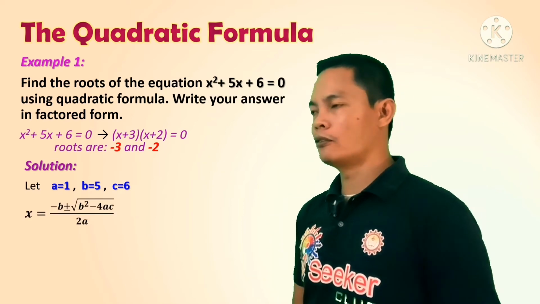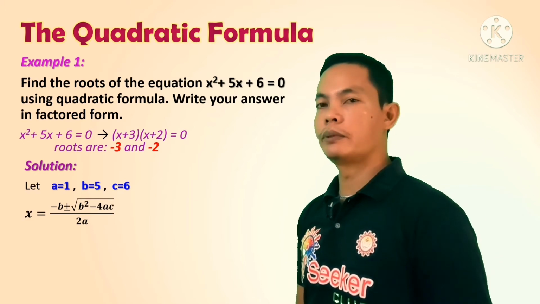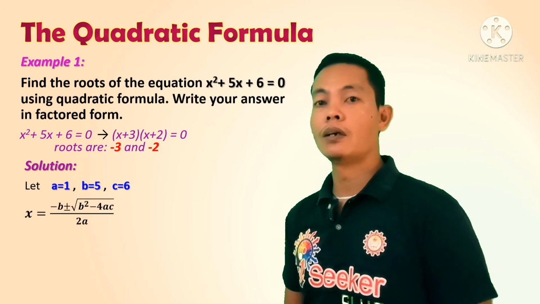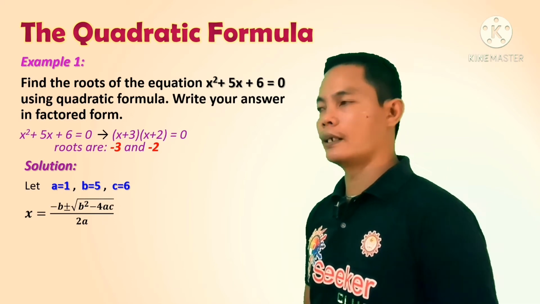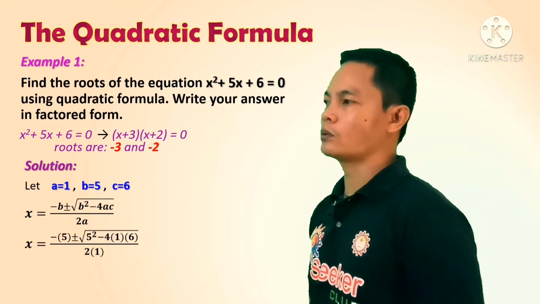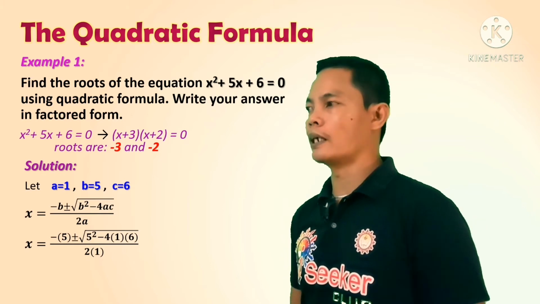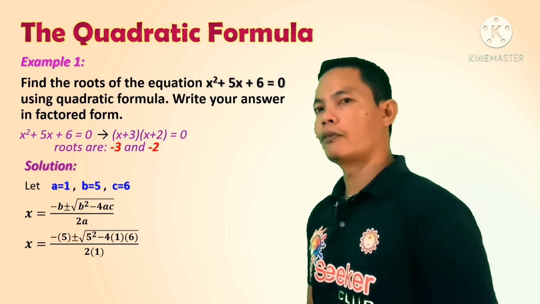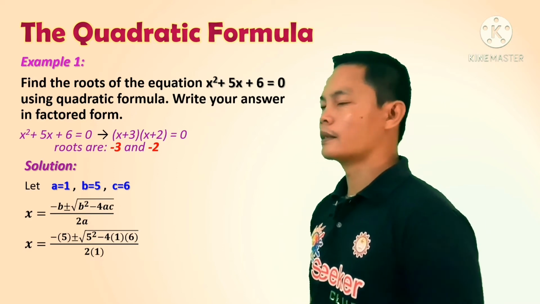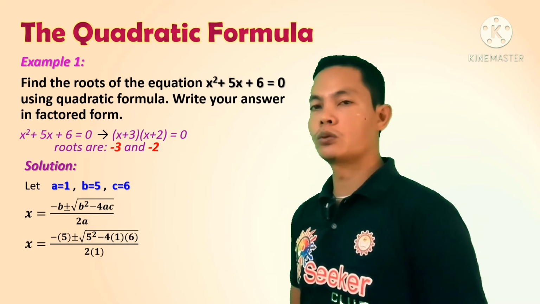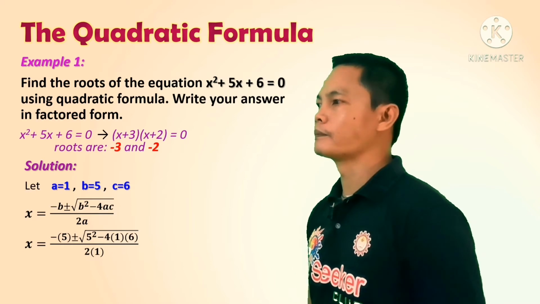X equals to negative b plus or minus square root of b squared minus 4ac all over 2a. Substitute the value of a, b, and c. So x equals to negative 5 plus or minus square root of 5 squared minus 4 times 1 times 6 all over 2 times 1.